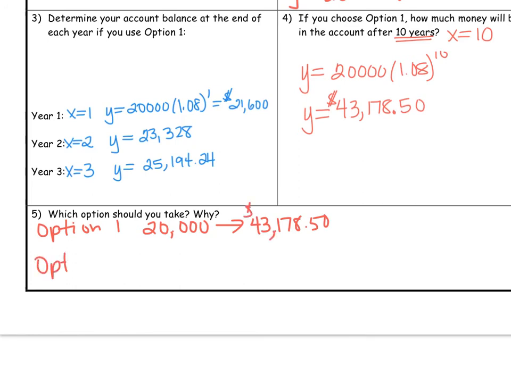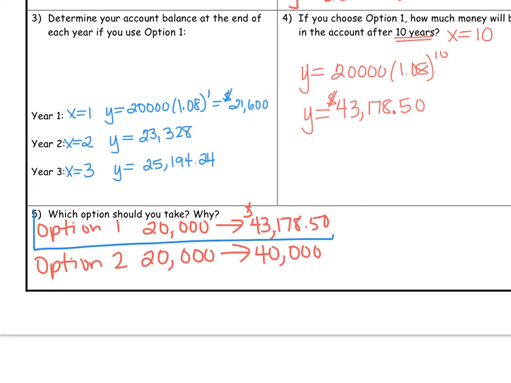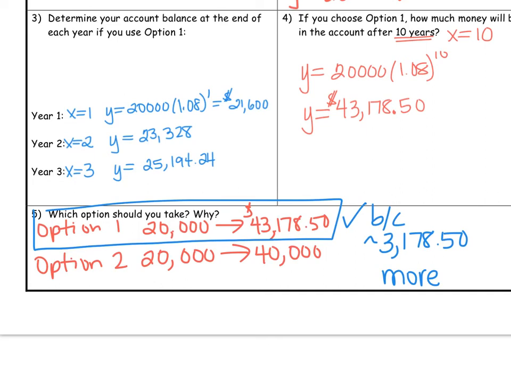And option 2, taking your lump sum, after 10 years you would only end up with $40,000. So clearly, option 1 is the better option because you earn about $3,178.50 more than you would if you chose option 2.